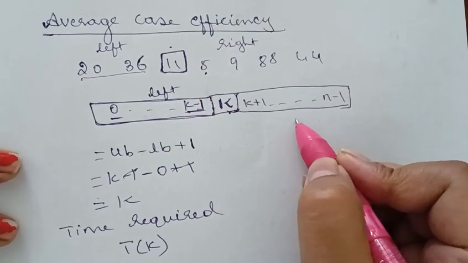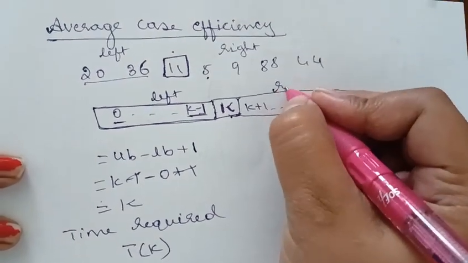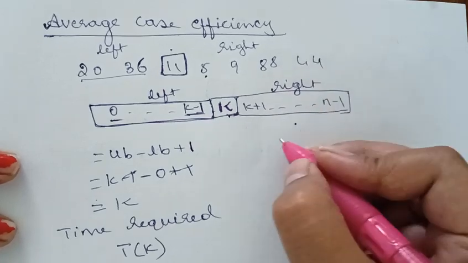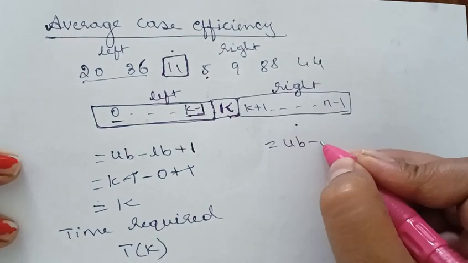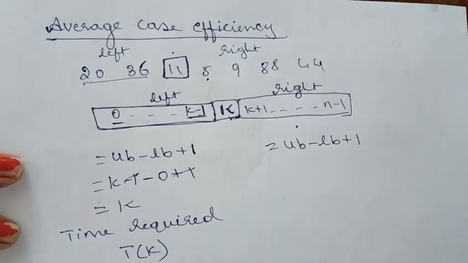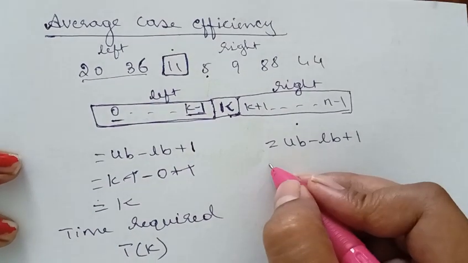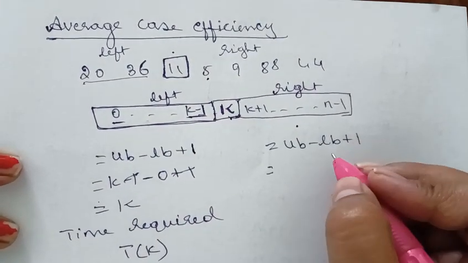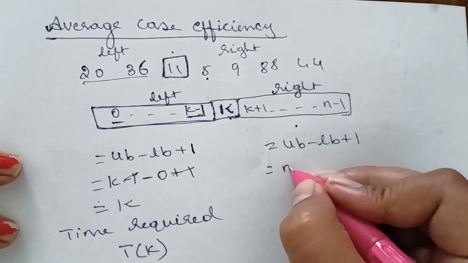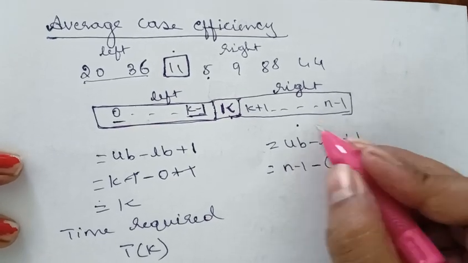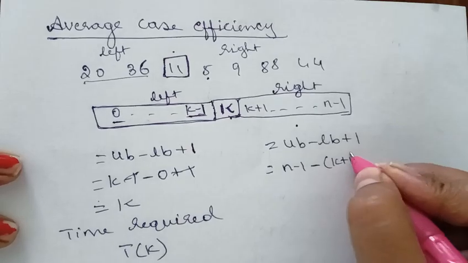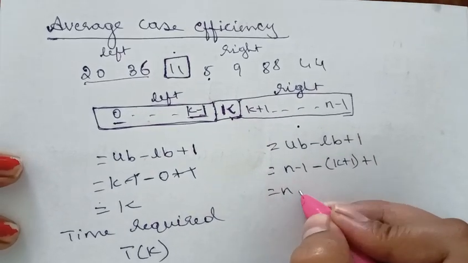In the same way, I'll go with the right part of the array. Here also I'll use the same thing, upper bound minus lower bound plus 1. Which is the upper bound over here? N minus 1. Minus lower bound, which is k plus 1, plus 1.